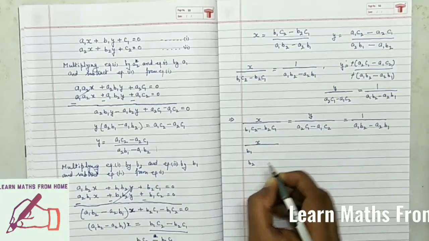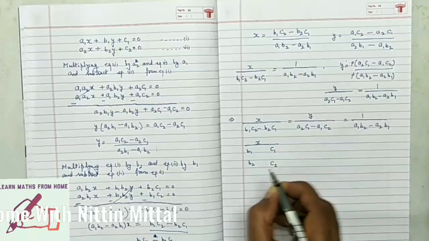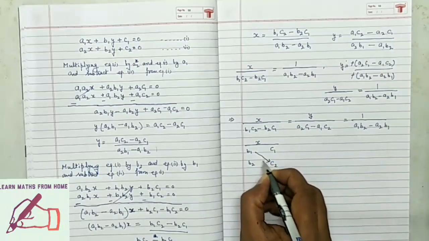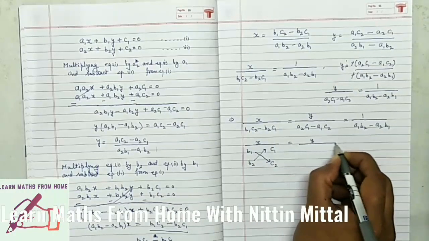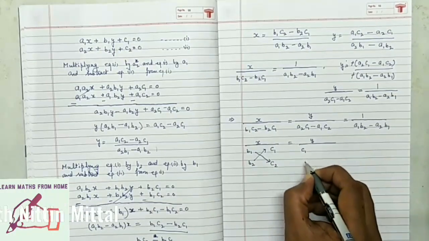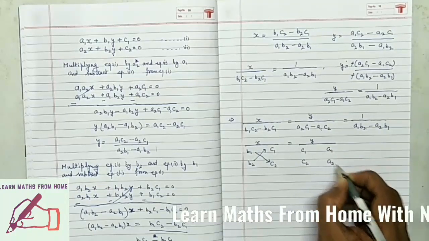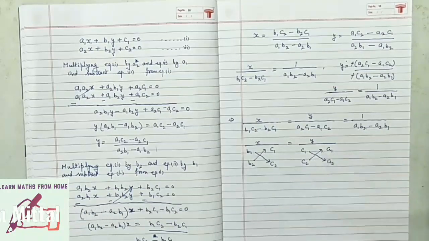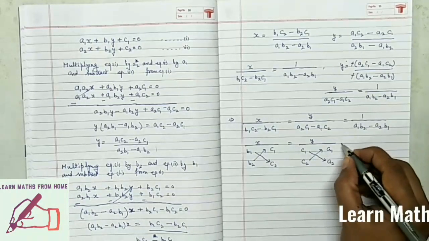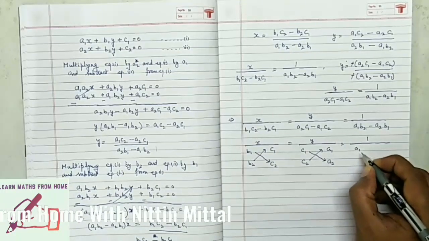b1 b2, c1 c2, and if I put cross, and the same way this one, c1 c2 a1 a2, and I put cross, and equal to 1 over a1 b2.